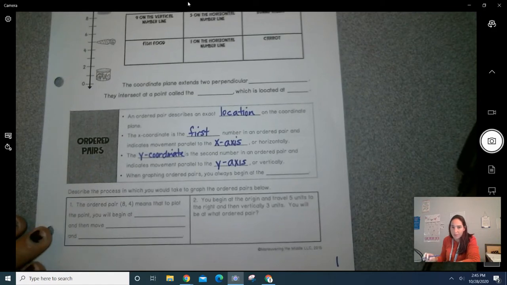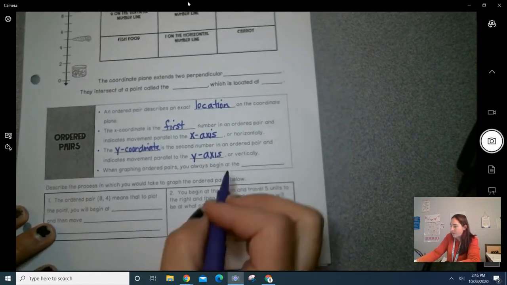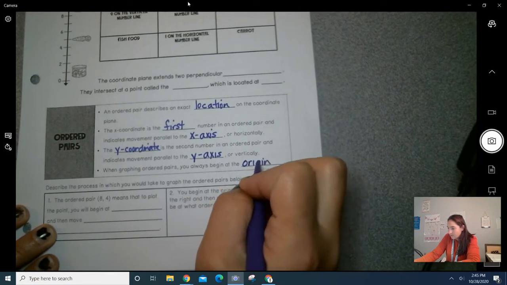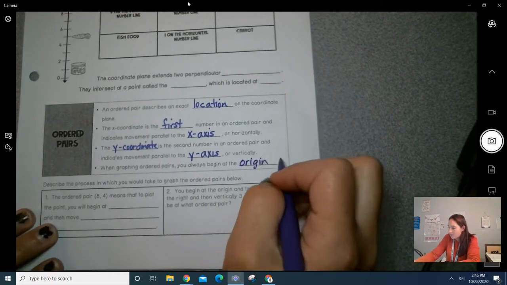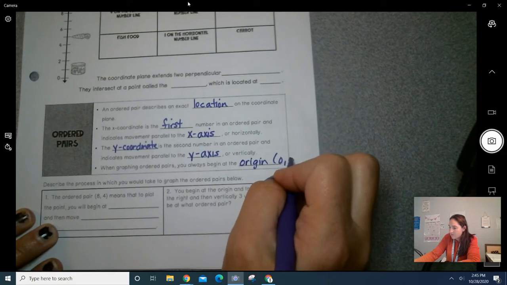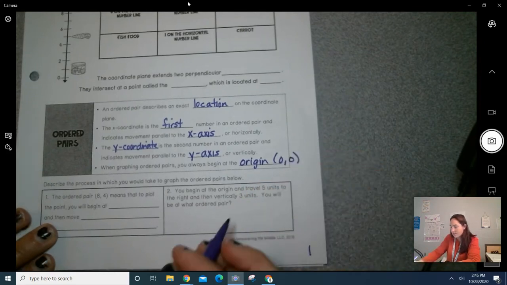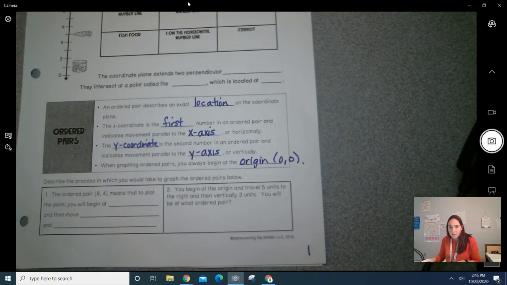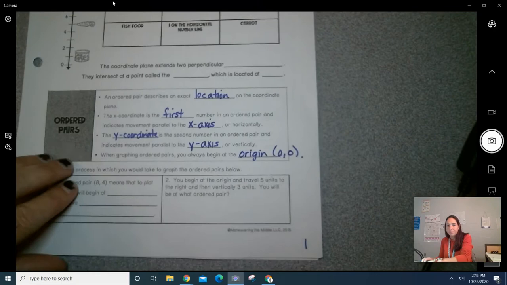When graphing ordered pairs, you always begin at the origin. And the origin is the point 0, 0. And again, don't be too worried. We are going to go over this a little bit more here in a second.